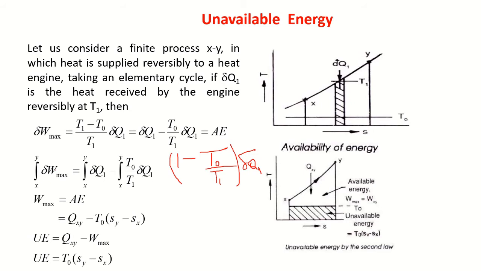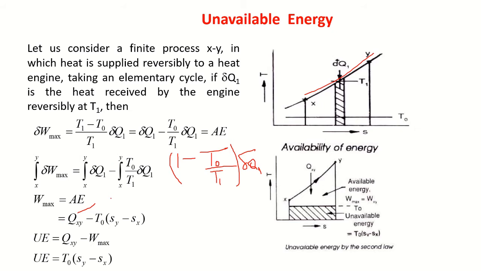So the total work, integrated, you will get the total heat supplied during the process X to Y, correct, minus, if I integrate this one, delta Q1 is there, so delta Q_XY will be there.